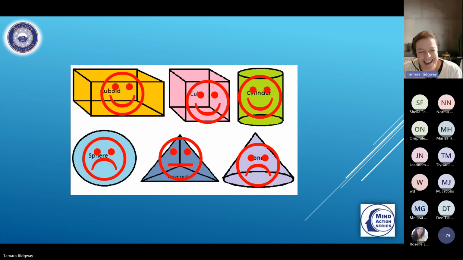So let's go back to these shapes. I have personally tested all of these shapes in my Maths Lit classes, so it is with humble pie that I realized that I didn't need to.